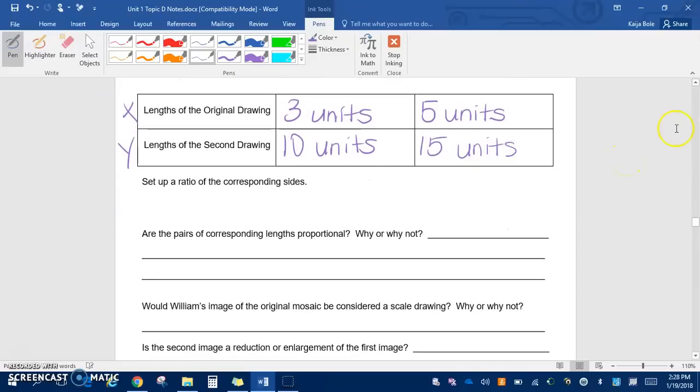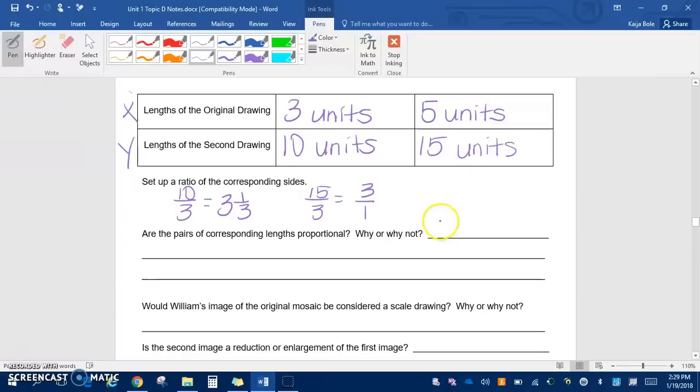So the first part says to set up a ratio of the corresponding sides. So if we're still going to do Y over X, we'd have 10 over 3. And if you'd like to simplify that, that would be 3 1/3. And then our other one is 15 over 3, which would just simplify to 3 over 1. So this would be 3 over 1. And it asks, are the pairs of corresponding lengths proportional? Why or why not?